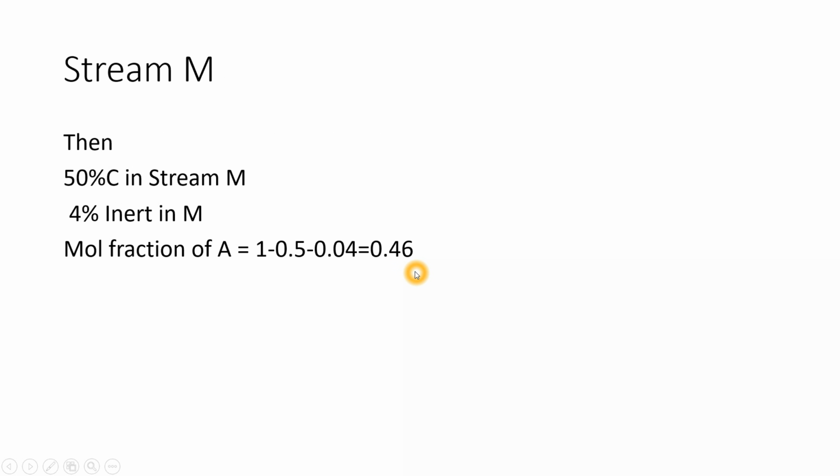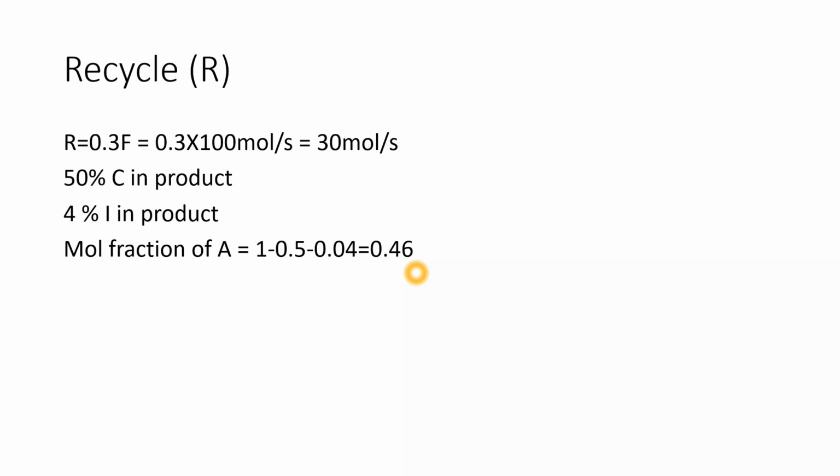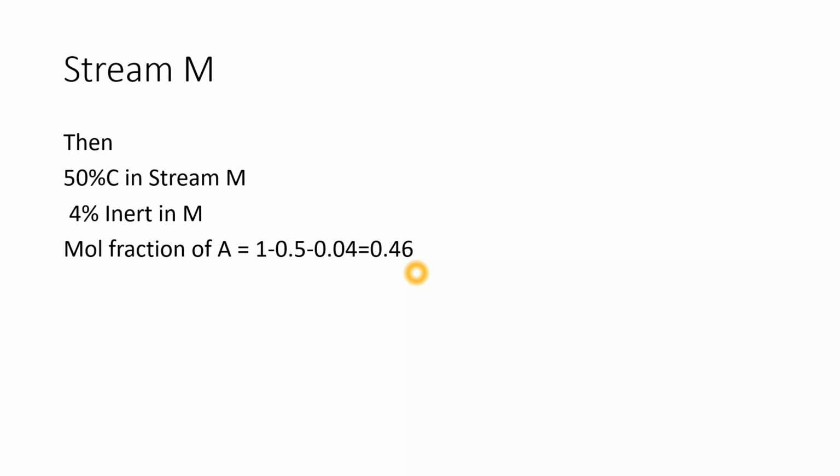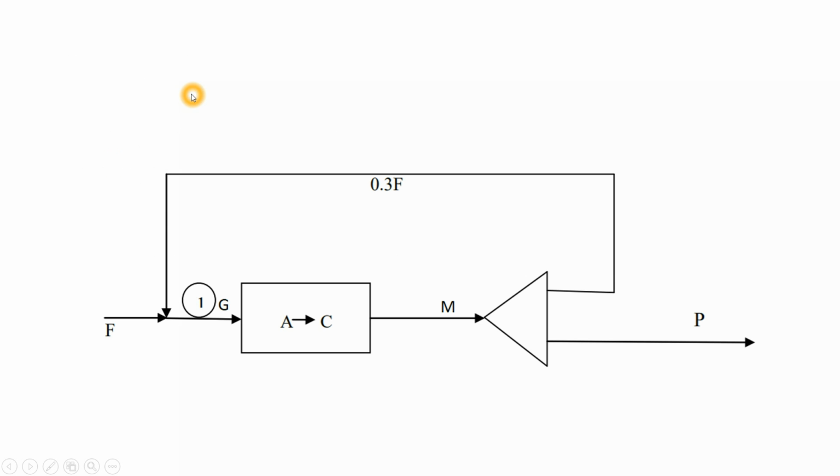Next, stream M. Now remember one thing: whenever there is a separation, this is a separating point, we are just separating this stream.